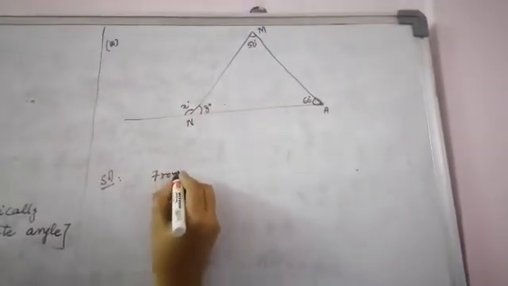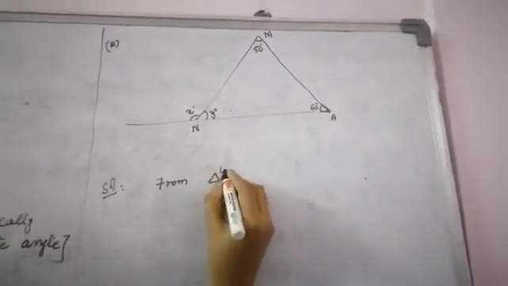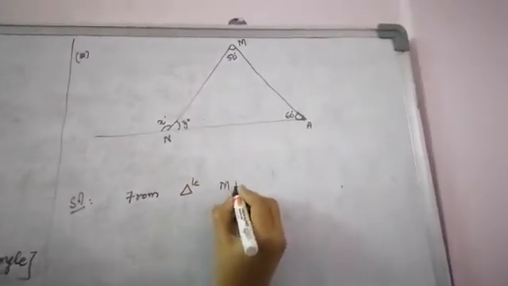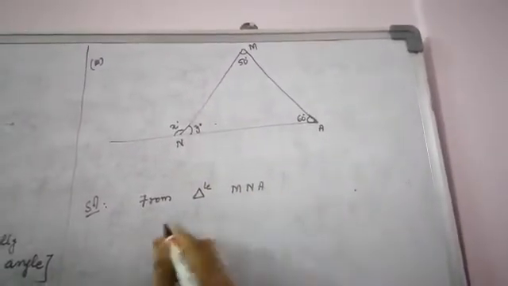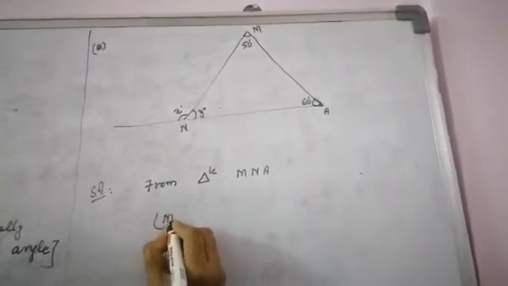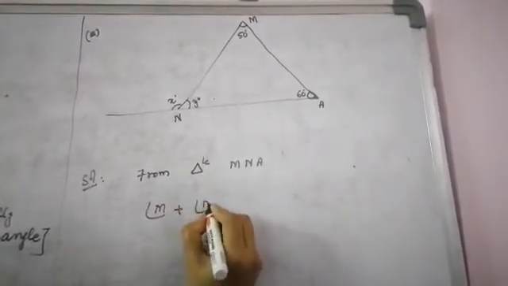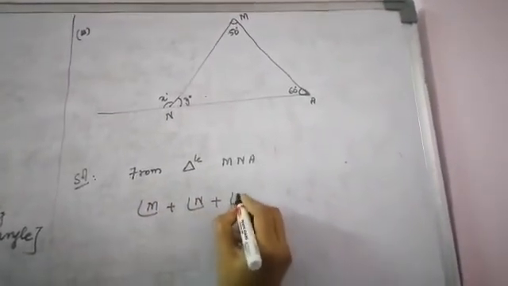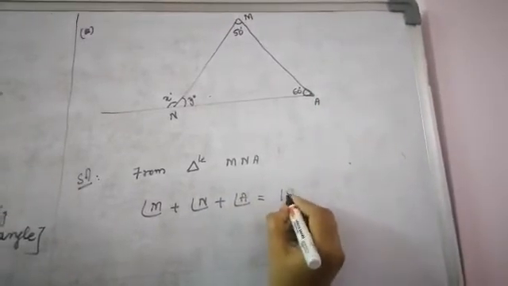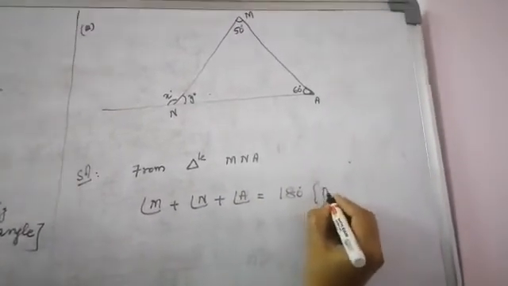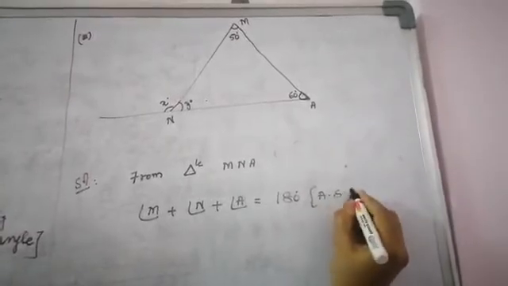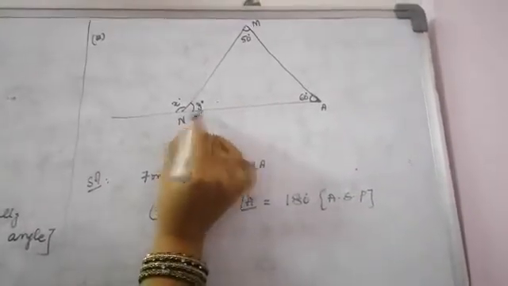From triangle MNA, angle M plus angle N plus angle A is equal to 180 degrees. Angle sum property.